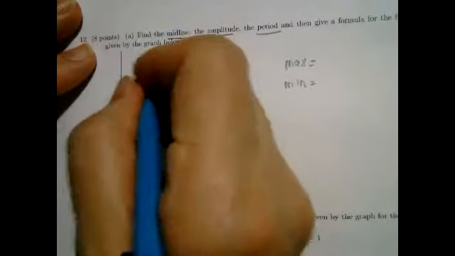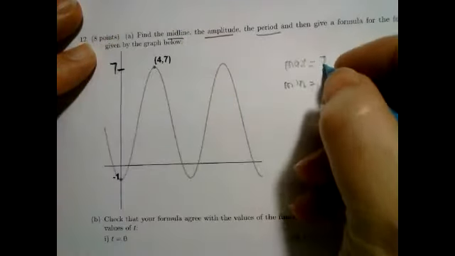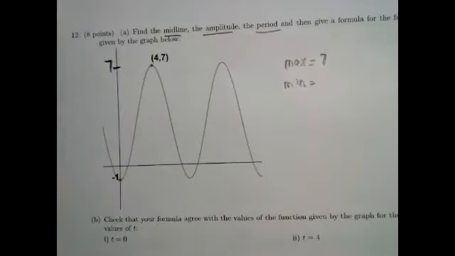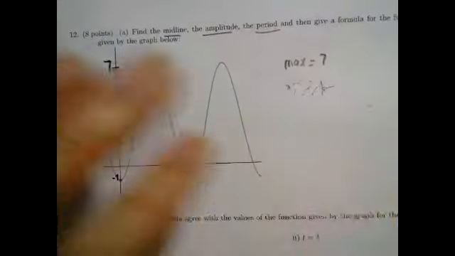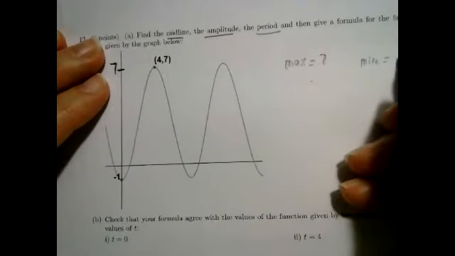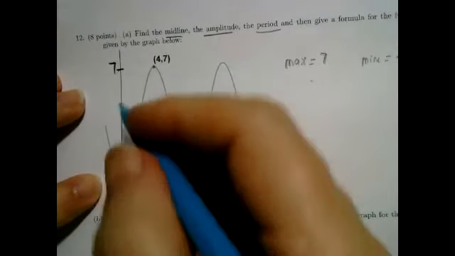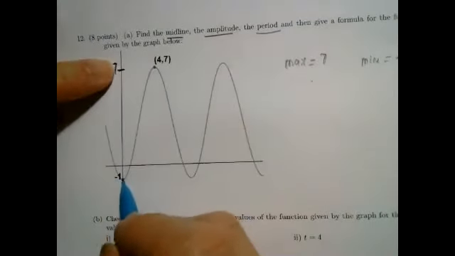The maximum value, I gave it to you. It's 7. And the minimum value is also clear on the graph. It's -1.